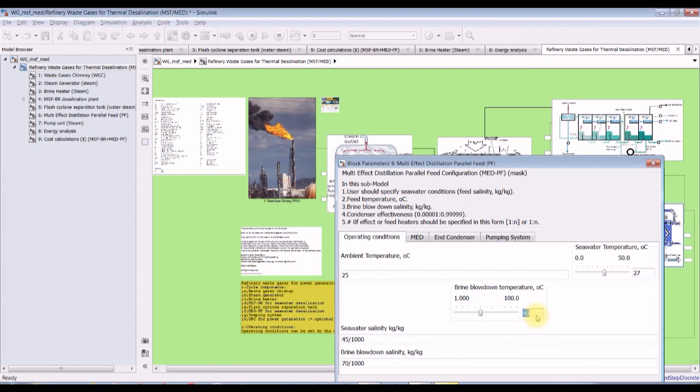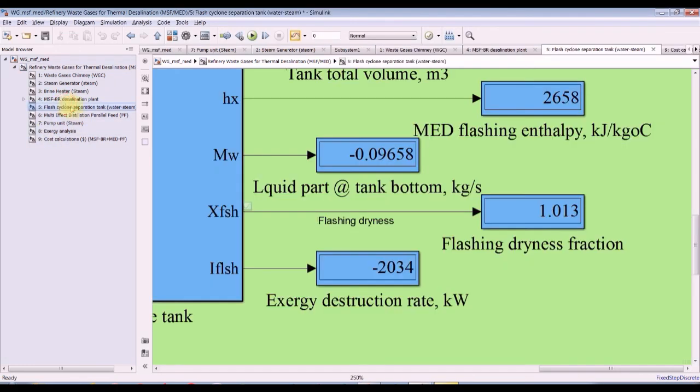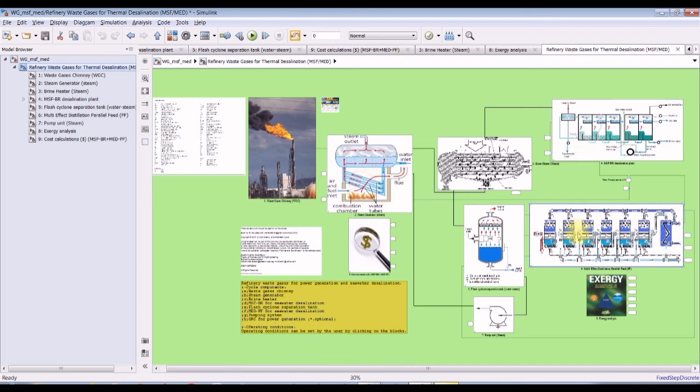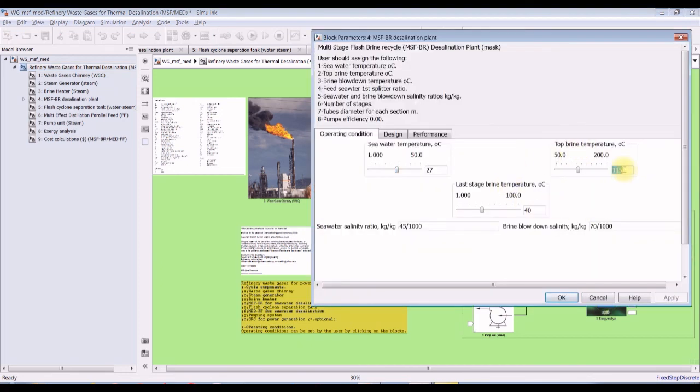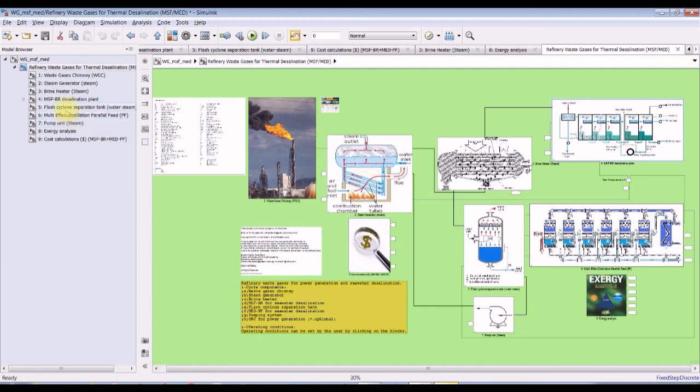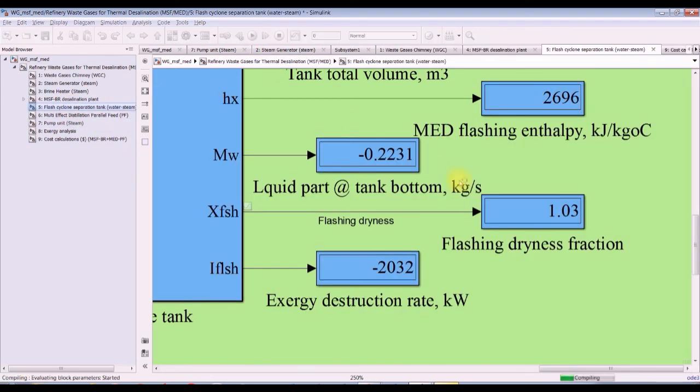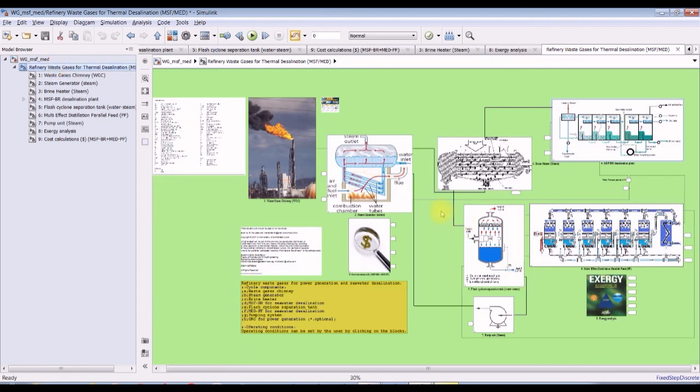Let's see MED, and watch. I'm sure we can go for the dynamic system and watch this. Okay, we have to decrease more or increase top brine temperature a little bit. Let's go for 0.2. Okay, and flash. Okay, we have to check it again.